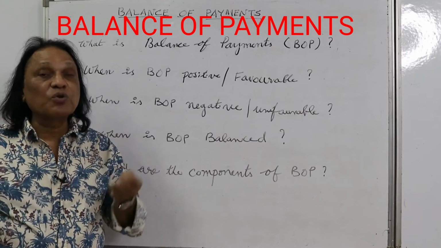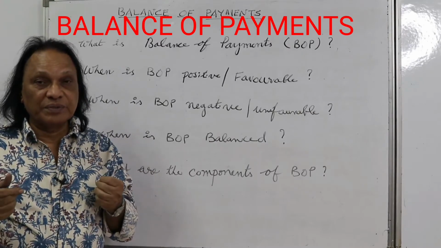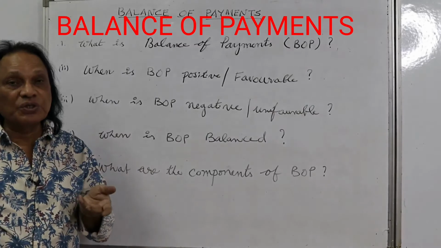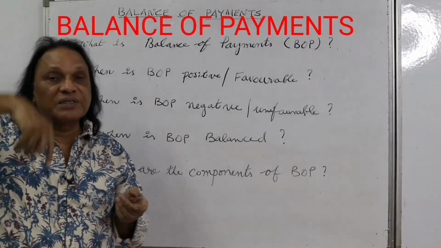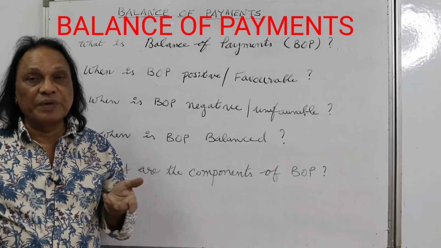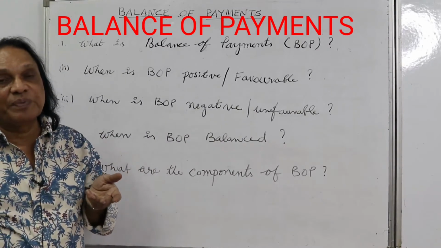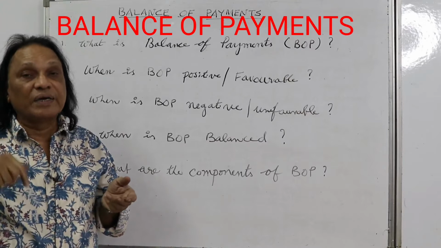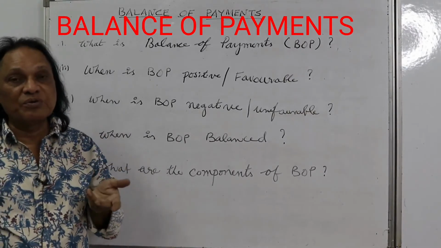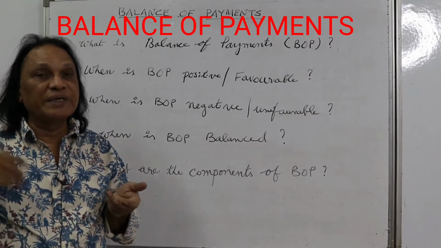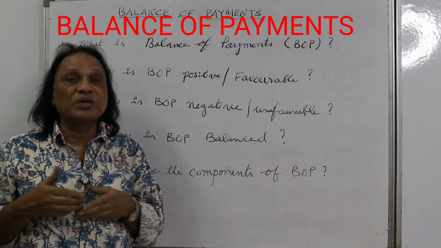That means it includes both visible and invisible items. It also includes the investments a country makes in other countries, and the investments foreign countries make in our country. It includes borrowings of the country. It includes lendings of the country. That's why it's a very broad term.